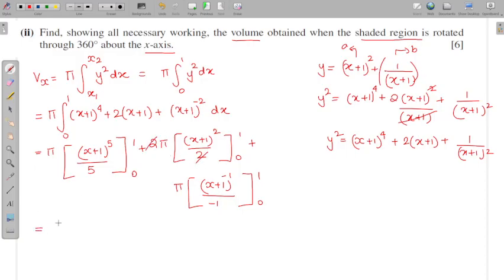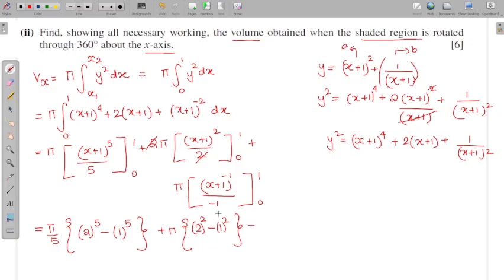The next step will be to plug in the values of the limits in place of x. So pi by 5 bracket, now 1 plus 1, which will give us 2, so 2 to the power of 5 minus, 0 plus 1, which is 1, so 1 to the power of 5, bracket close, plus pi, again a bracket, 1 plus 1, which is 2, so 2 square minus 0 plus 1, which is 1, 1 square, bracket close.